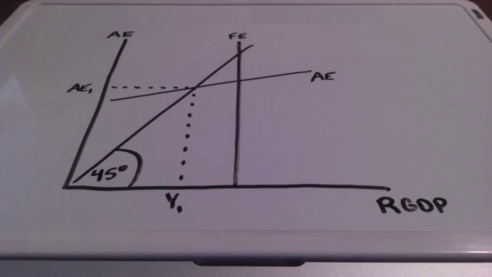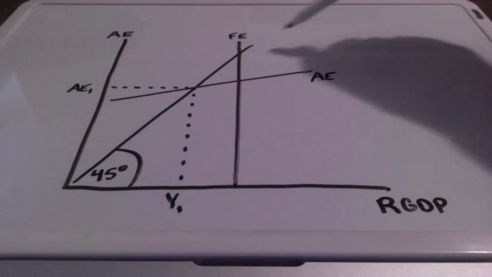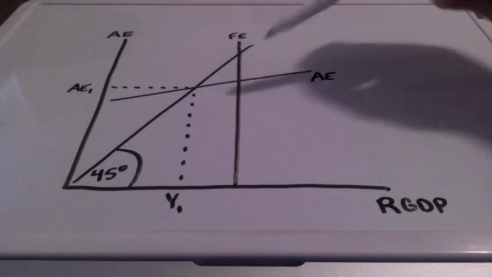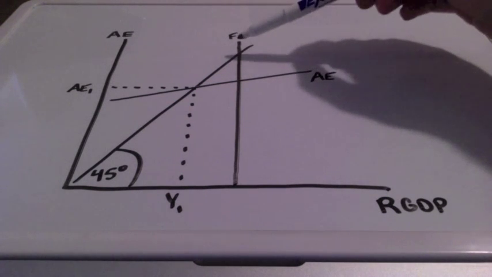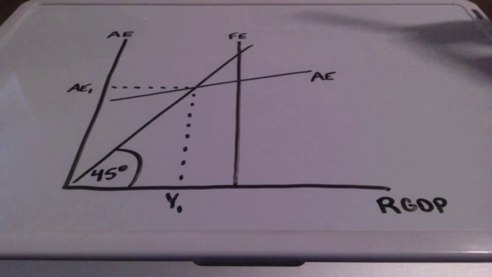But our goal is to reach what we would call a full employment of resources, having our aggregate expenditure curve touch the full employment curve as well as our total expenditure.